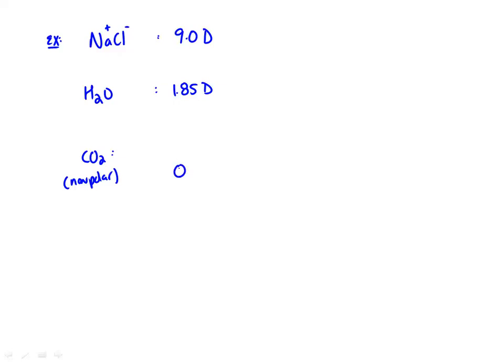So typical values should range somewhere between 0 and 10. And so this is ionic. This has got hydrogen bonds.